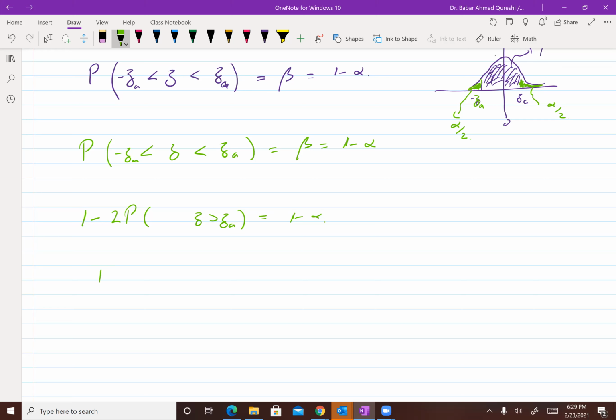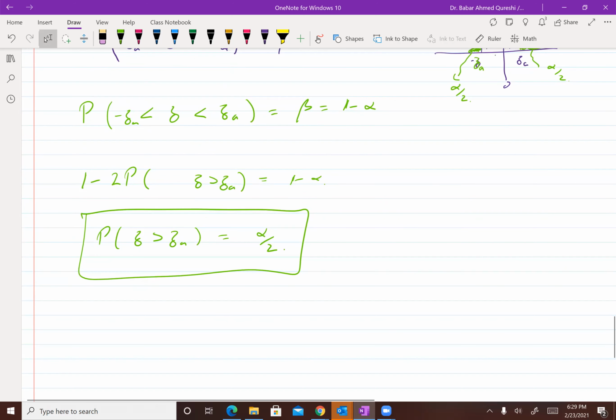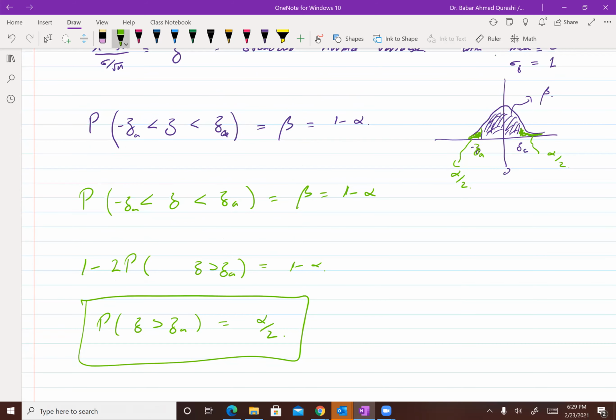That means the probability of Z being greater than Z alpha would be alpha over 2. Right? You want to get down to this number, Z alpha.